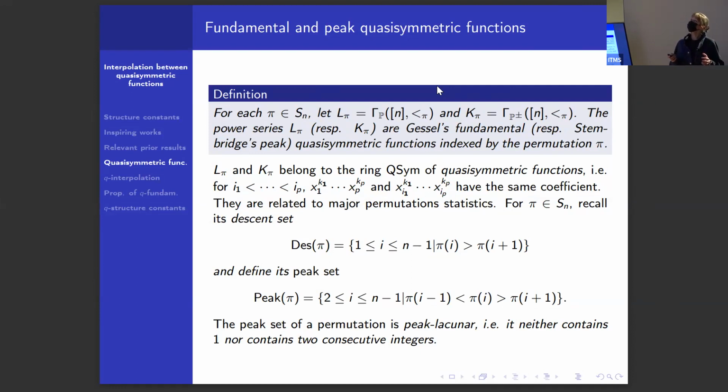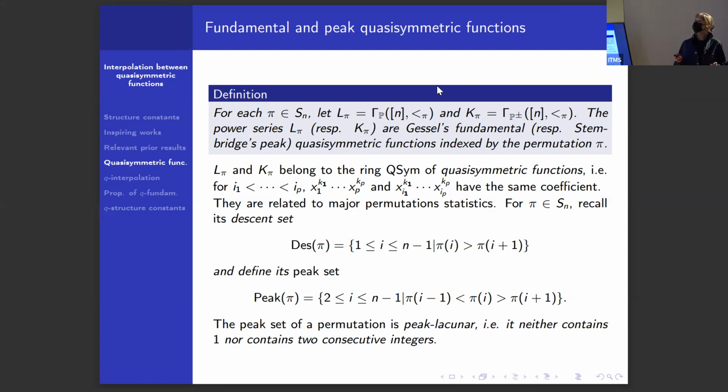If one allows all enriched P-partitions with both positive and negative values, then the generating function of the labeled chain associated to pi is Stembridge's peak quasisymmetric function. So, in fact, fundamental and peak quasisymmetric functions are related to descent and peak statistics on permutations.